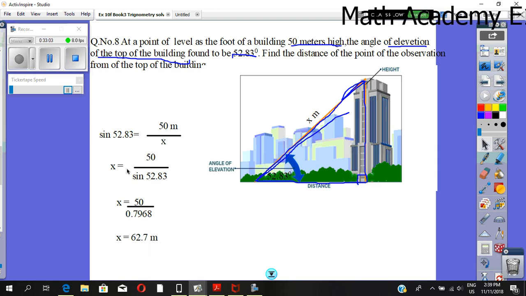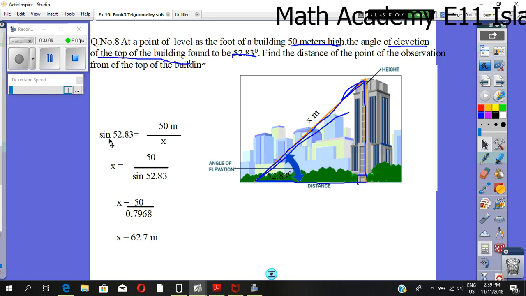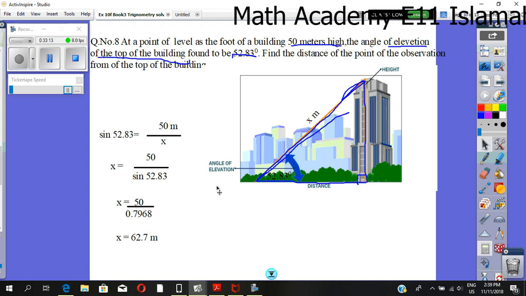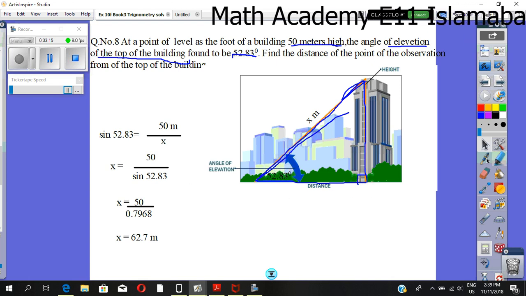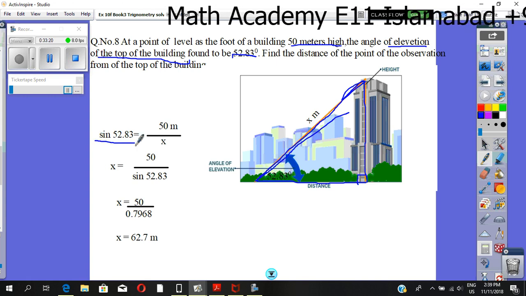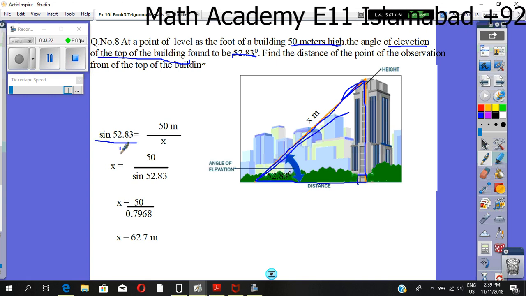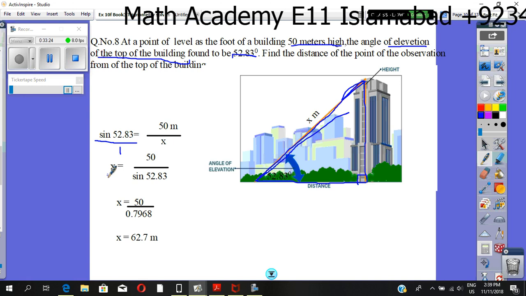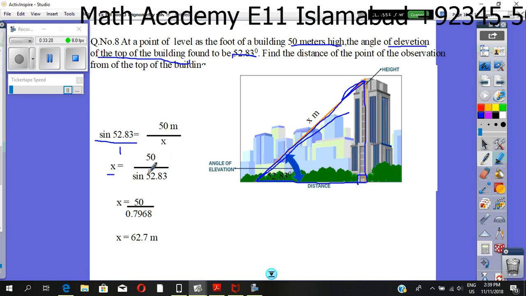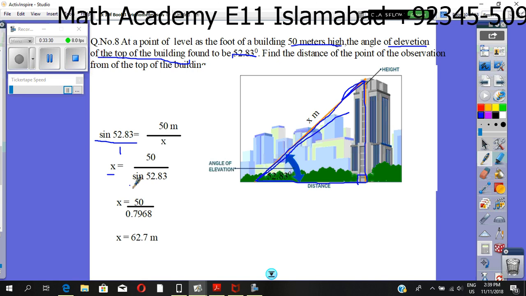If we're supposed to calculate it now, we trade the values basically here. That is sine 52.83, and with x here, and then 50 over sine 52.83. Or we can say, we cross multiply, or we trade the values, where the x comes over here in the place of sine 52.83, and then 50 divided by sine 52.83.